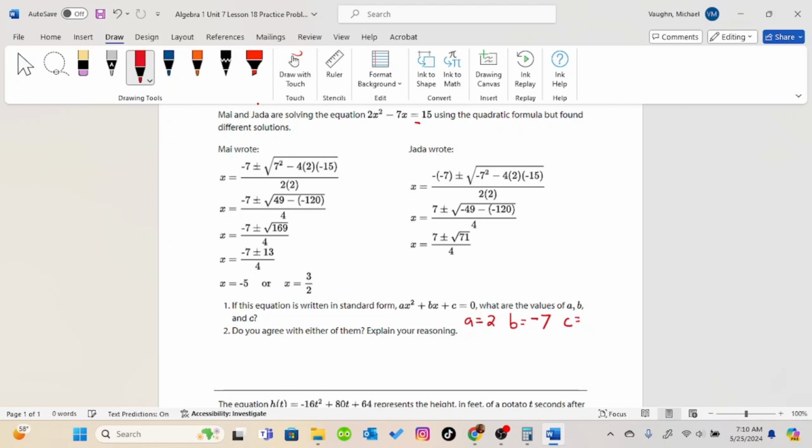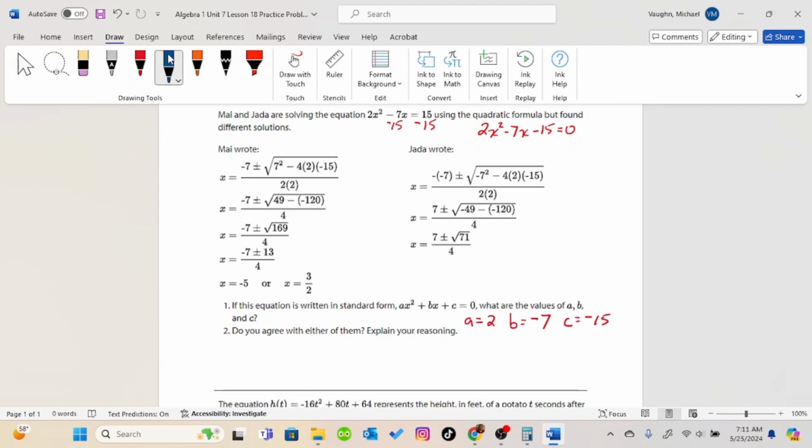To do that, we would need to subtract 15 from both sides. So now we would have 2x squared minus 7x minus 15 equals 0. So c is negative 15.